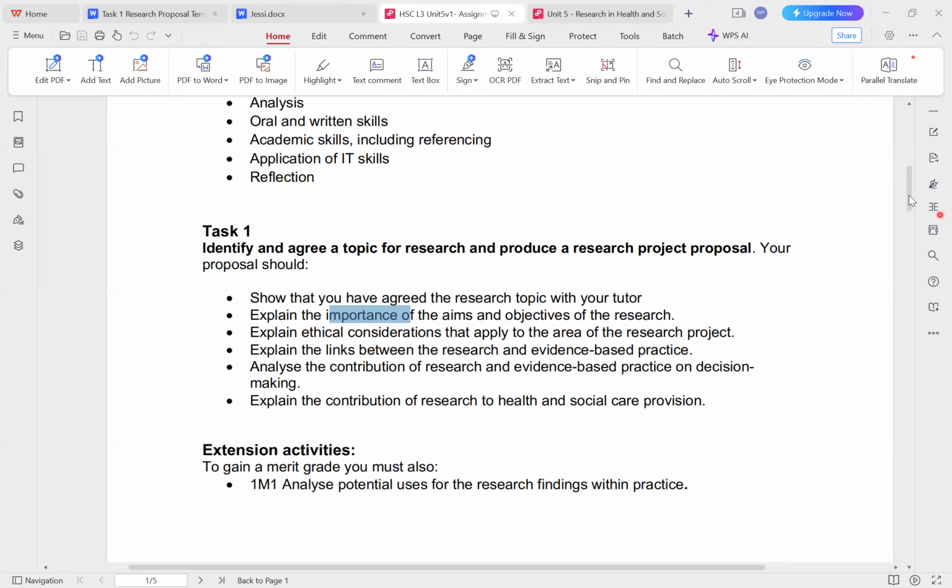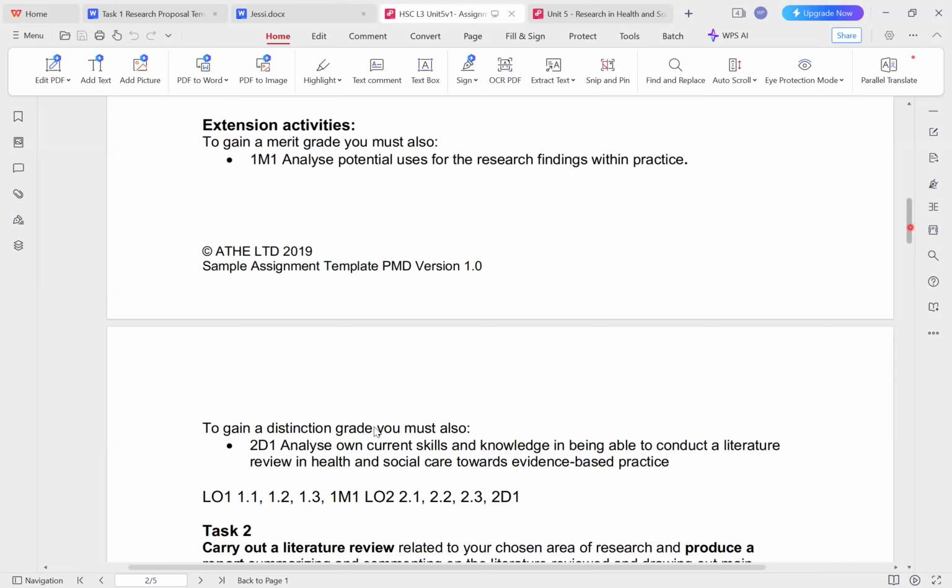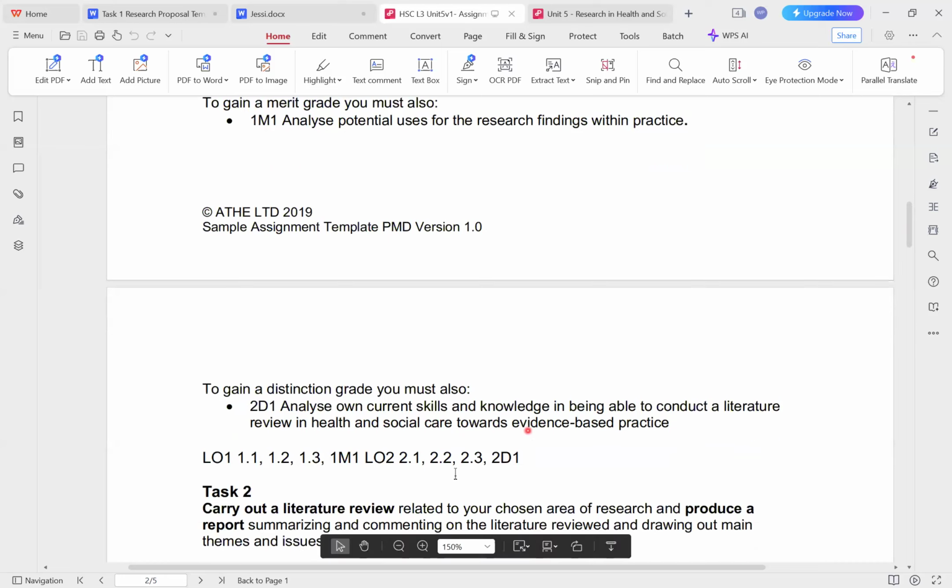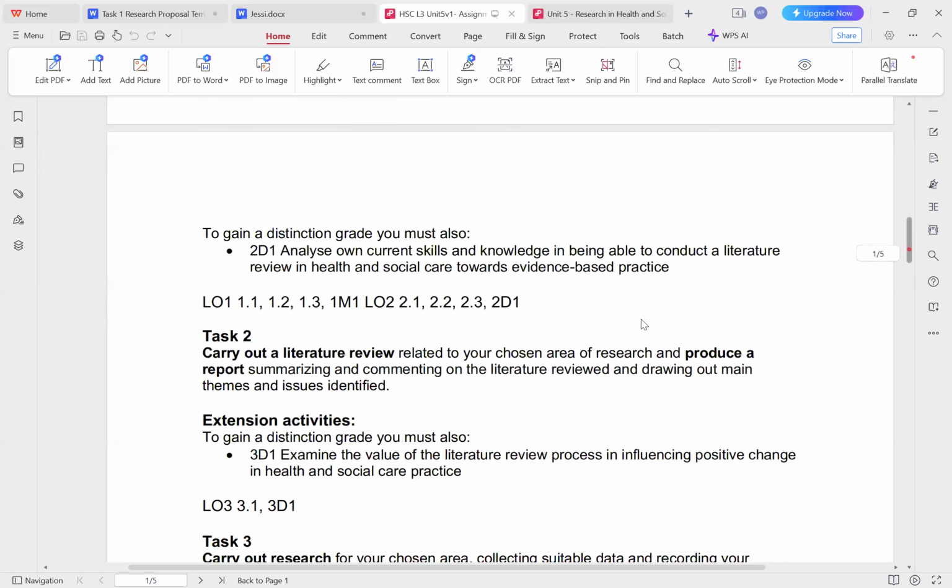We've talked about all of this, but in a tabular form. And in this, you would want to also specify which learning outcome you're referring to. So whatever you are doing, for instance, when you're working on the aims and objectives, which learning outcome does it correspond to? The learning outcomes have been mentioned in your assignment brief as well.